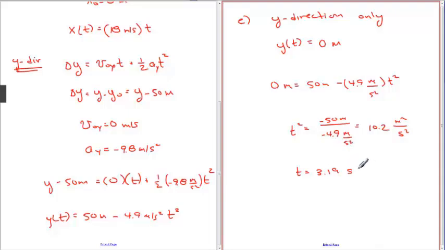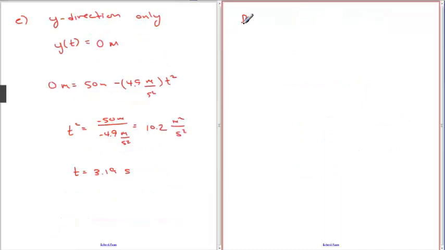And now I think the final question is, with what speed and angle of impact does the stone land? Okay, so we just have to calculate the velocities after 3.19 seconds. Well, we know the x component of velocity. The x component is just equal to v0x, which was 18 meters per second. v sub y is equal to v0y plus a sub y t.